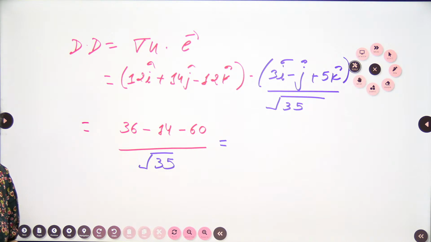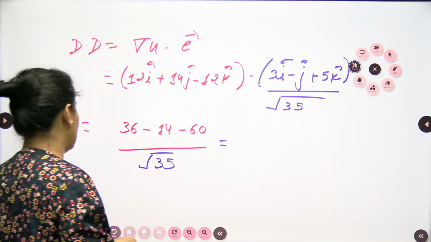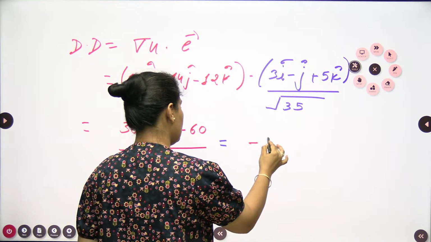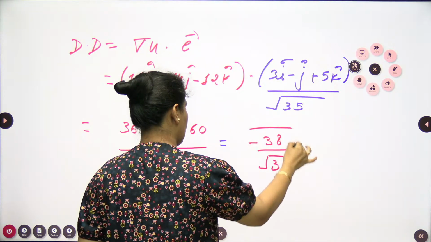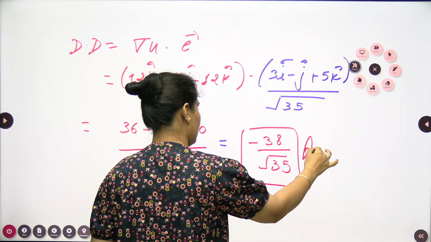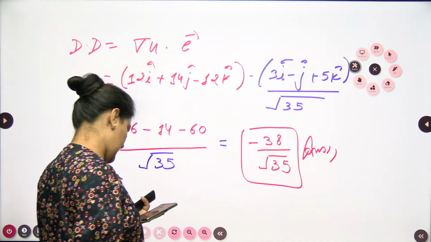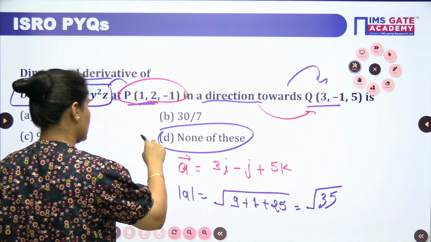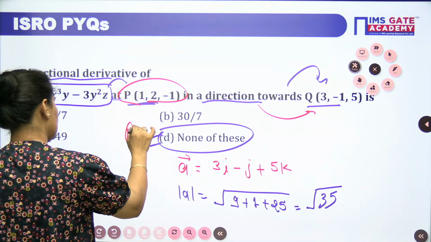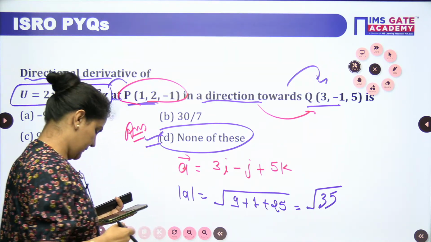It is not minus 105, it is minus 38 by root 35. We are having the result in the negative, so minus 38 by root of 35. This will be my answer, which I can see in the option none of these. So my answer will be option D, which is none of these here.